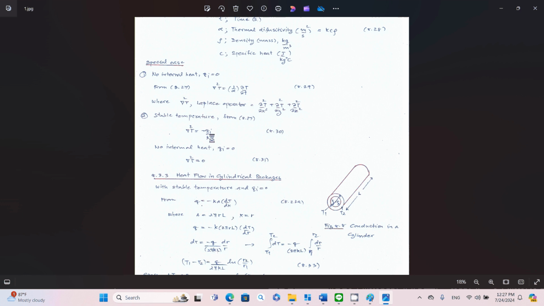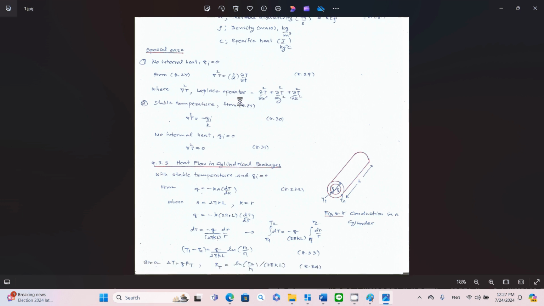Also in combination, if your temperature is constant and does not vary with time, and you have no heat source, Qi equal to 0, you end up with equation 8.31. That's del squared T equal to 0. Okay, let's just leave it like that, just to get an idea. Nothing else.